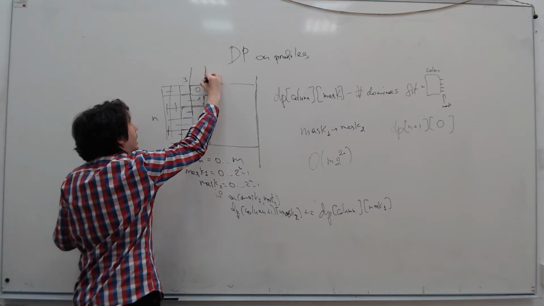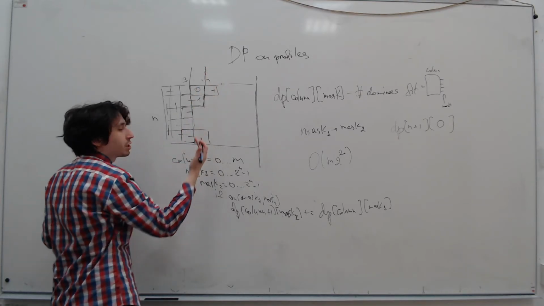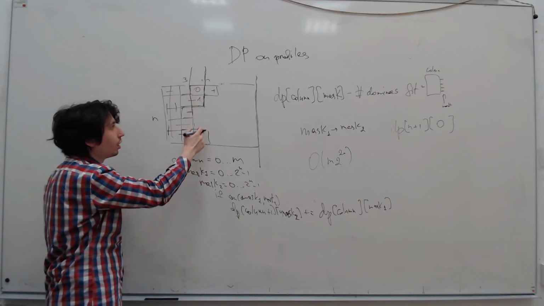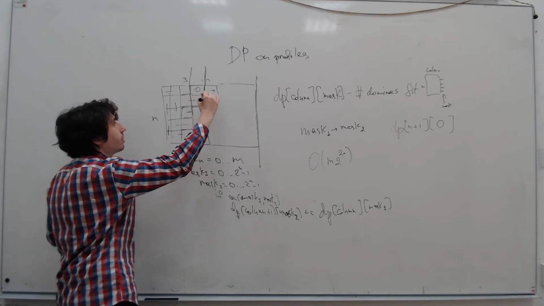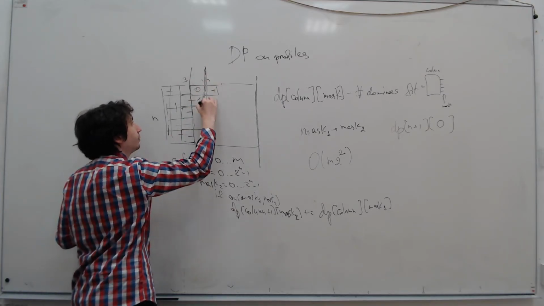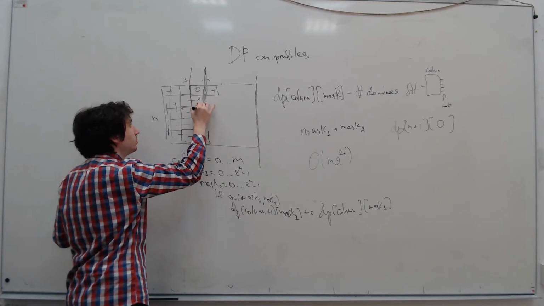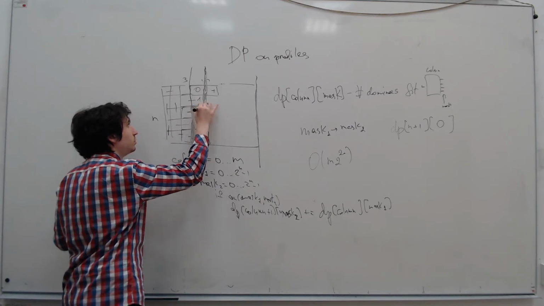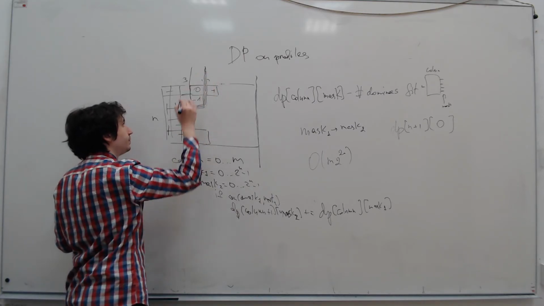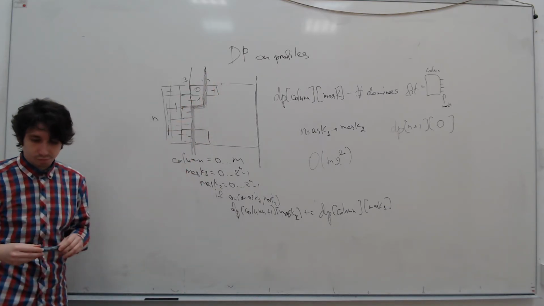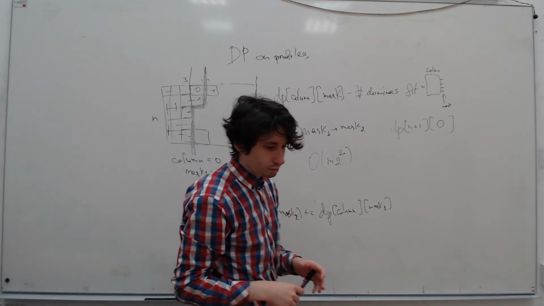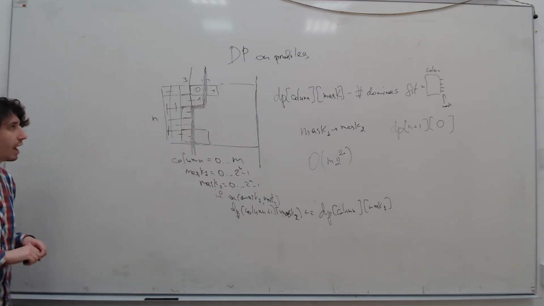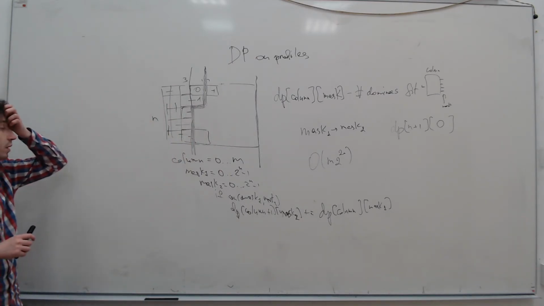We will use another profile. The previous profile was just the column, the split by the column. Right now it will be a little bit different. So we will have a curved profile.